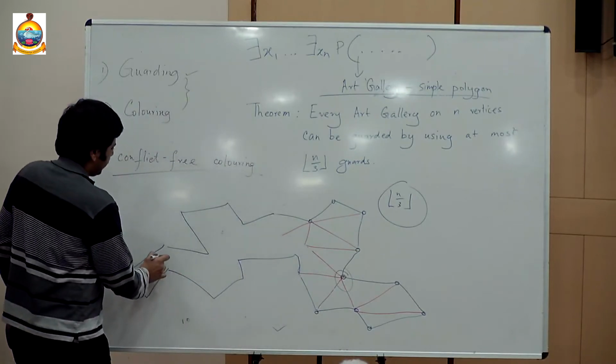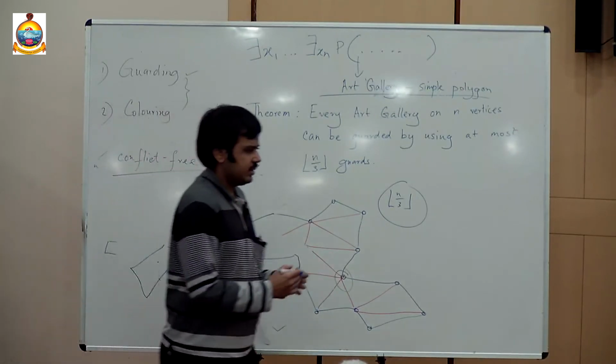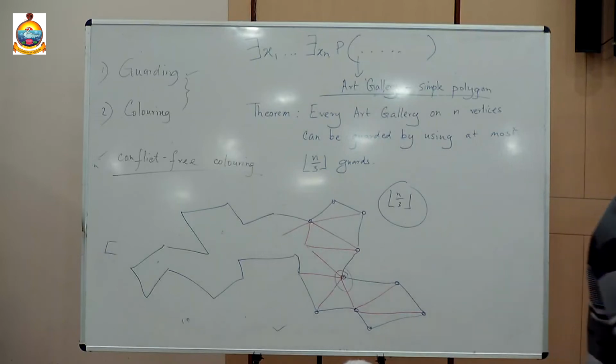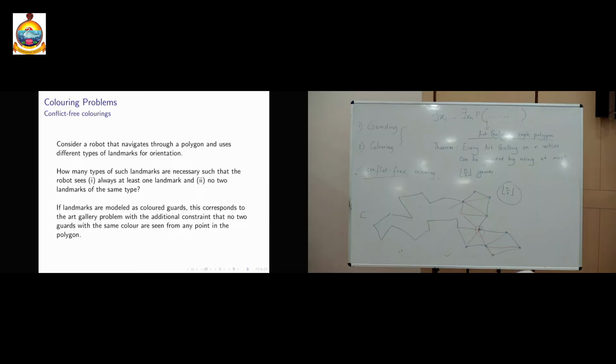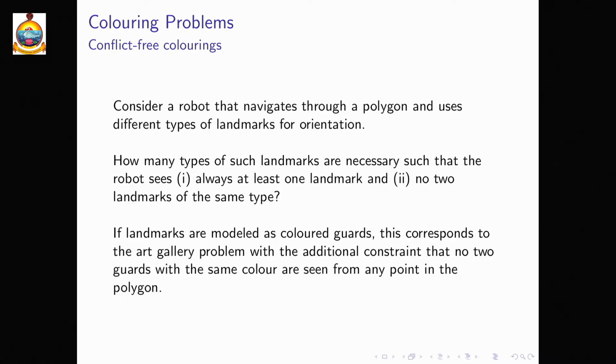The robot is somewhere in the polygon and it wants to go to the other side, and each vertex should act as a landmark, seeing which the robot will turn itself in the right direction. Okay. And how many types of such landmarks are necessary such that the robot always sees at least one landmark and no 2 landmarks of the same type.